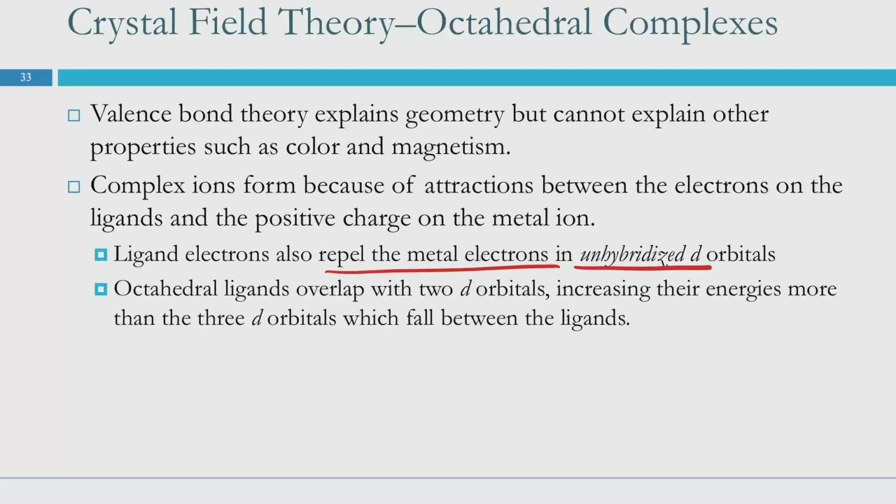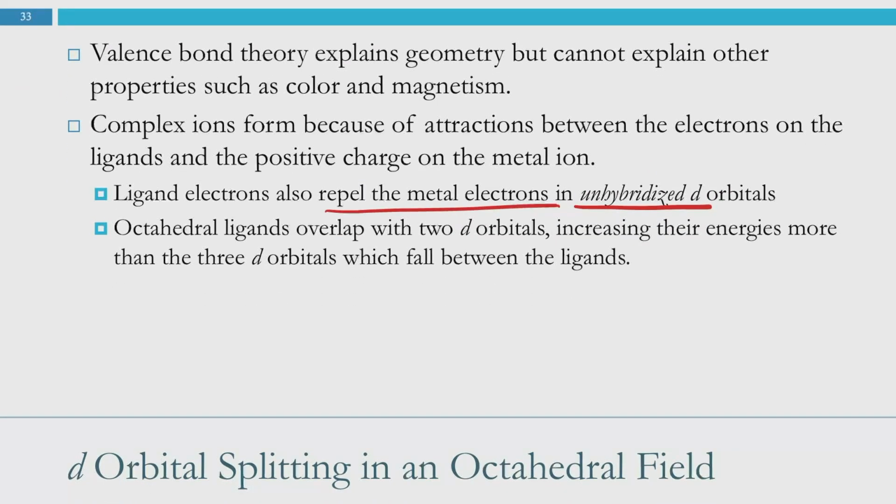So the metal is going to have electrons in unhybridized d orbitals. In the case of our octahedral ligands, so 6 ligands, this is going to overlap with 2 of our d orbitals, and because of that repulsion, that repulsive force is going to increase the energy of those 2 d orbitals.